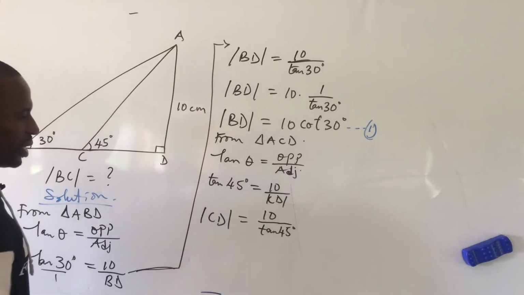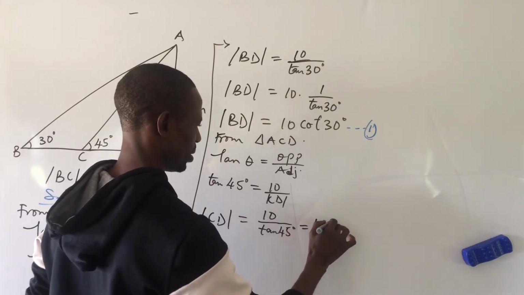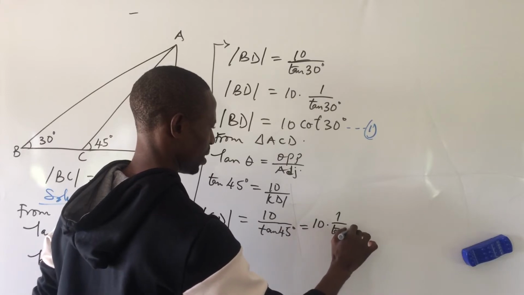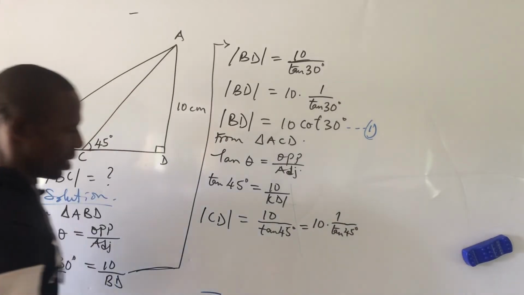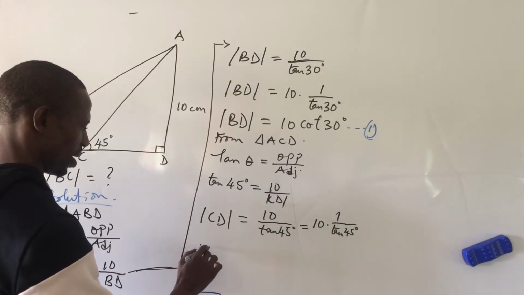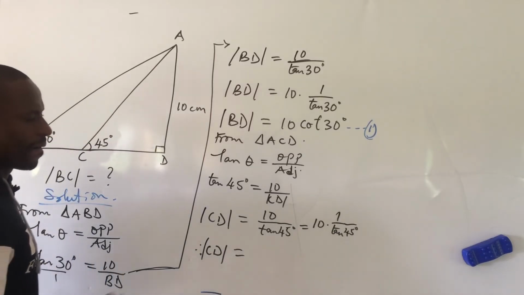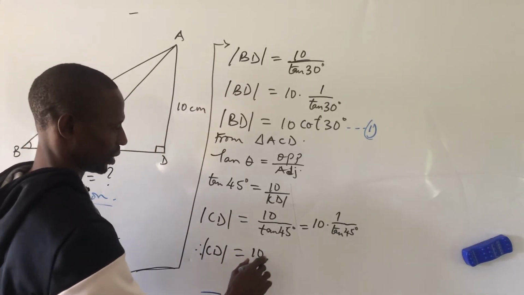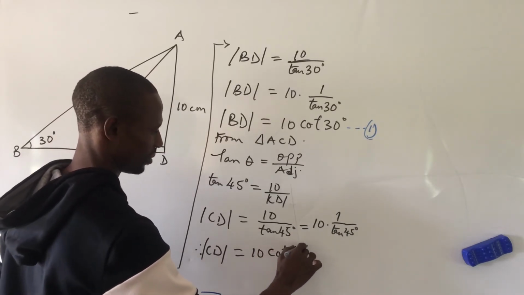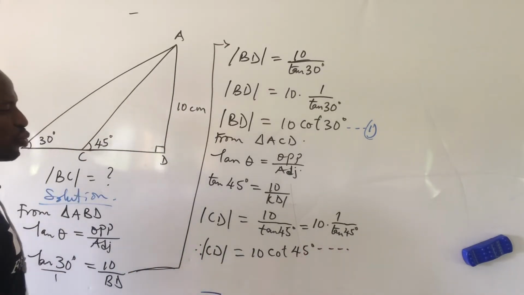If I apply the other relationship again, this is the same thing as 10 times 1 all over tan 45 degrees. Therefore our CD is equal to 10 cot 45 degrees. Let's label this equation 2.